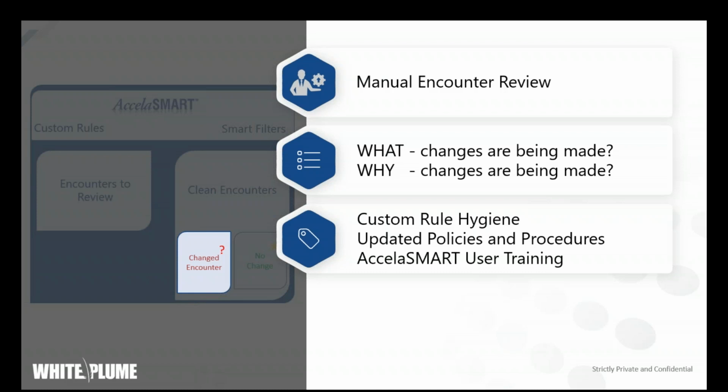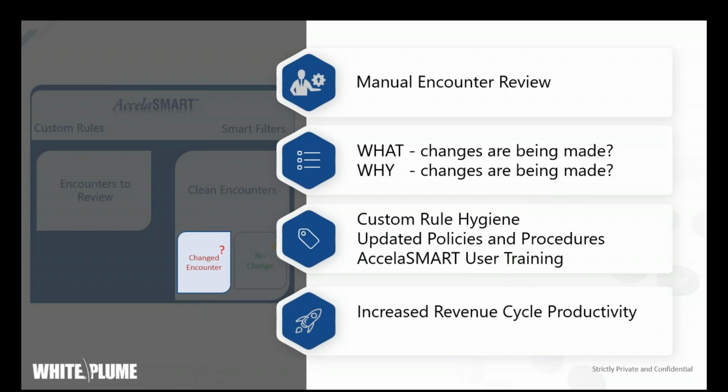Because what this means for our groups that are able to start to make these types of improvements is their revenue cycle is much more productive. The number one thing that you can do to make your revenue cycle staff more productive is be able to handle the validation messages on an exception-only basis, right?